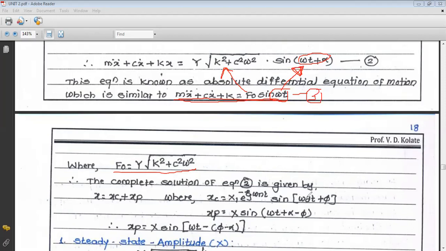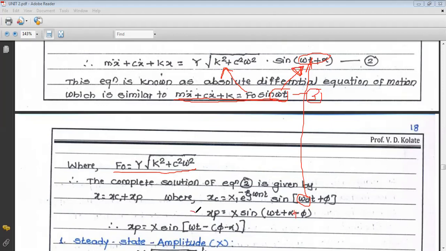But in that condition, this omega t is nothing but omega t plus alpha. So our equation becomes, so this is the value of xc.